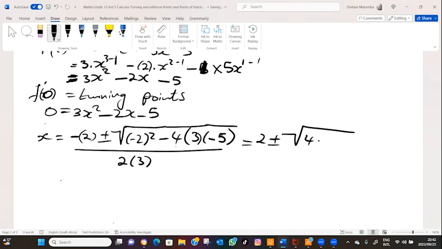Negative times negative is positive. Now over 6. This will be 2 plus or minus the square root of 64. Now the square root of 64 is 8, so 8 over 6.